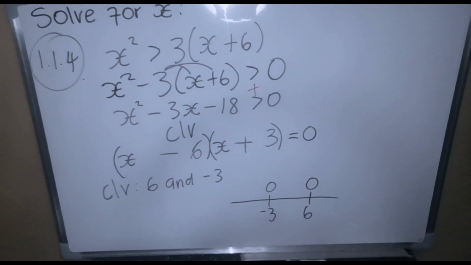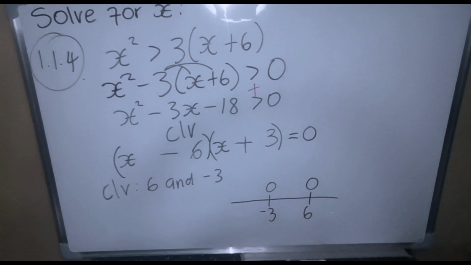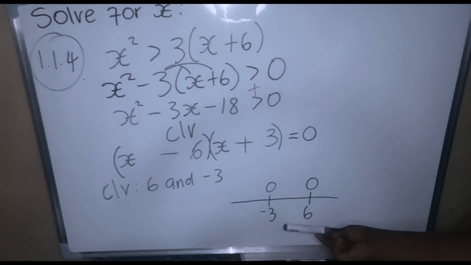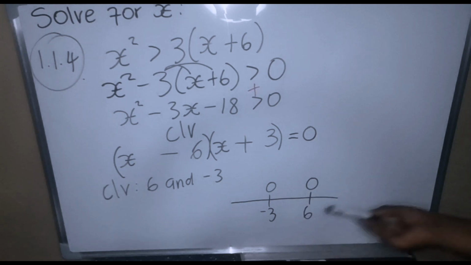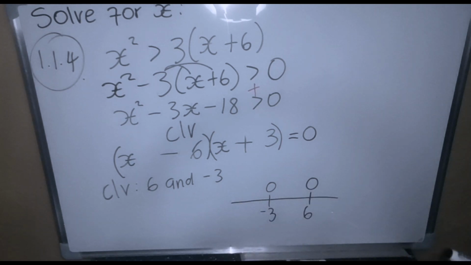What is the sign of values that are bigger than 0? They are positive. Now, we need to find the side, in this case, of which those values are positive. Which means either those values are between -3 and 6, or those values are bigger than 6, or smaller than -3. It's a choice.